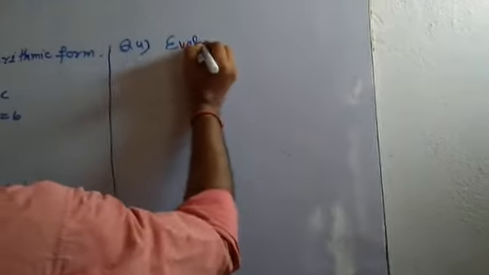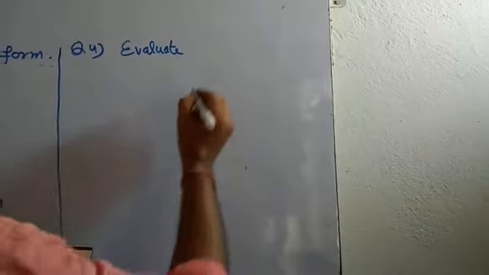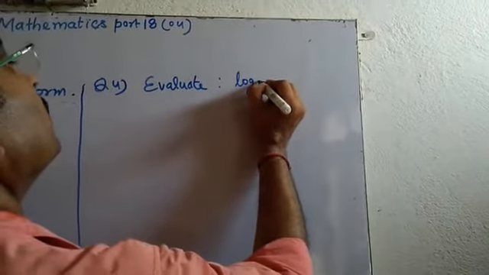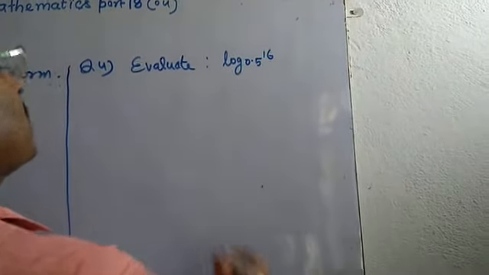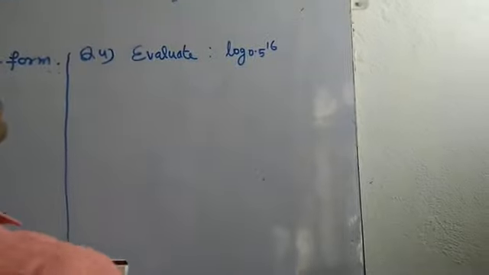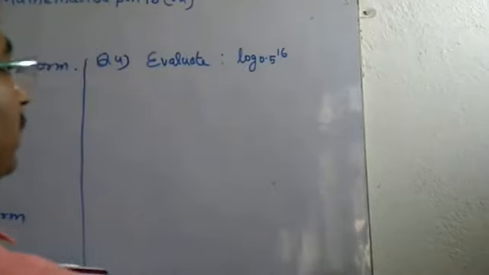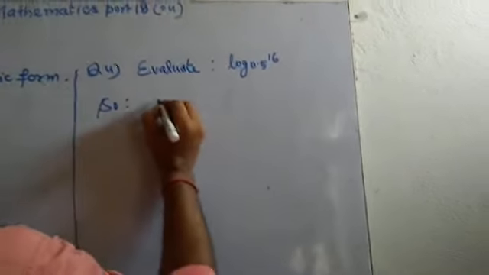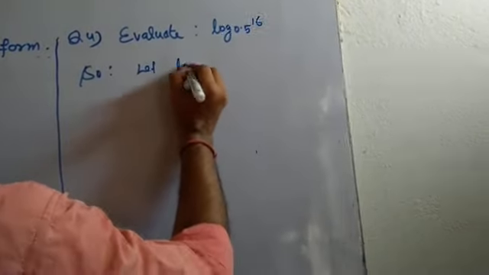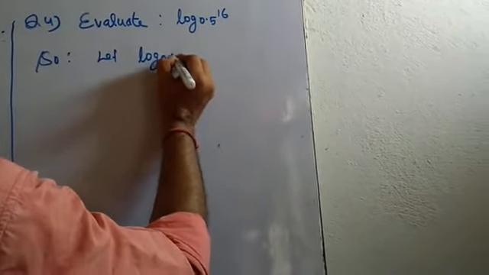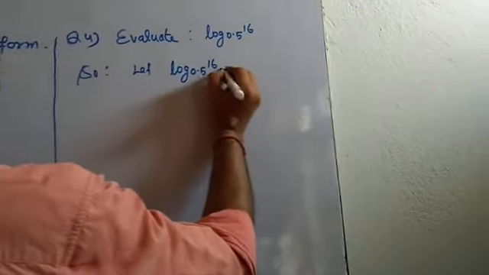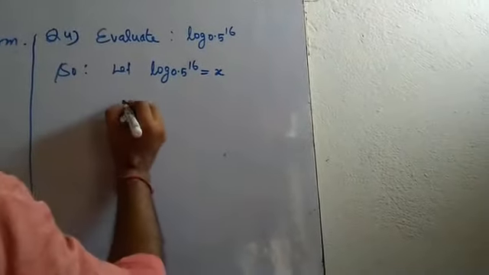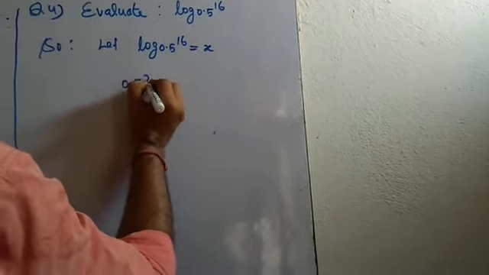Now question 4. Evaluate log 0.5 power log 16 at base 0.5. Solution: let log 16 at base 0.5 equal x.